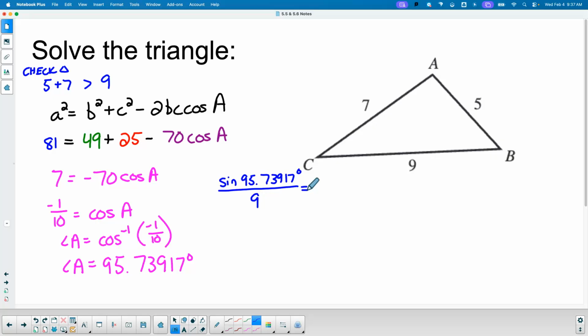But let's get into that mind habit of finding the smallest one first. So let's say sine of C all over 5.